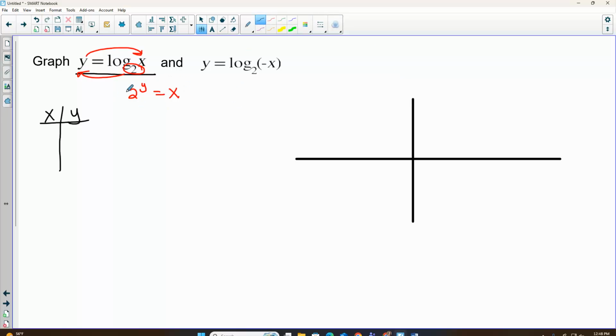So, since y is the exponent, we always graphed exponentials by putting in -1, 0, and 1 for the exponent. In this case, y is the exponent, so it goes in for those. What is 2 to the -1 power? What's 2 to the 0? And 2 to the first? So if I plot those: 1/2, -1; 1, 0; and 2, 1.